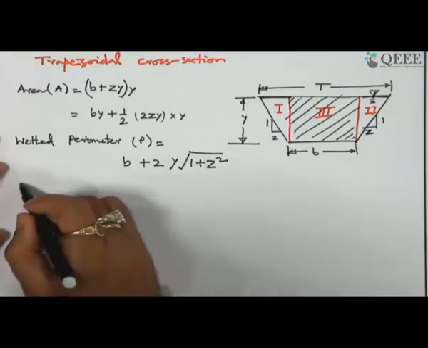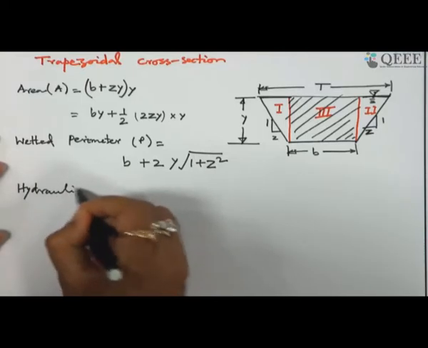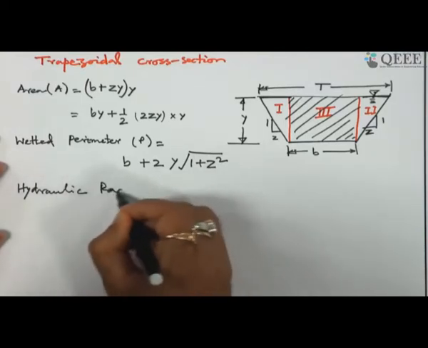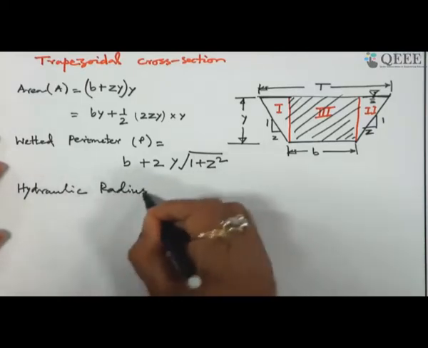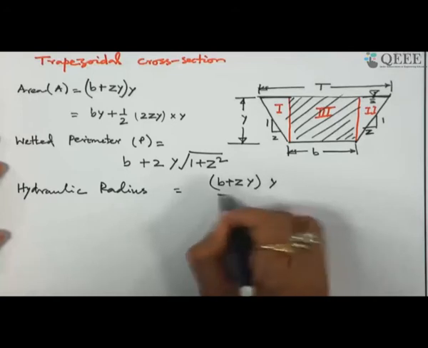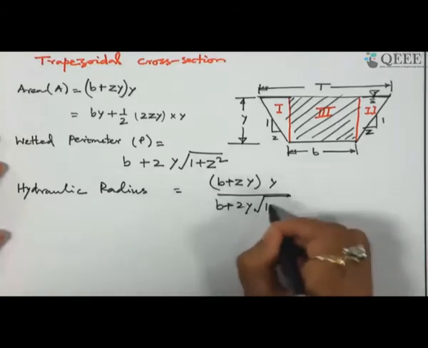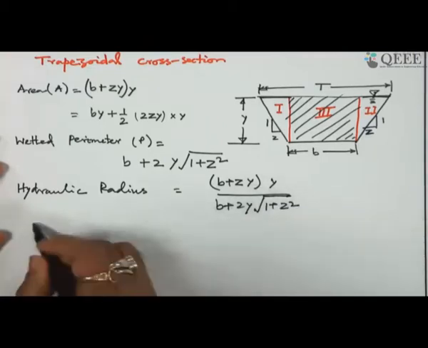So, the hydraulic radius is B plus ZY into Y divided by B plus 2Y root over 1 plus Z square.